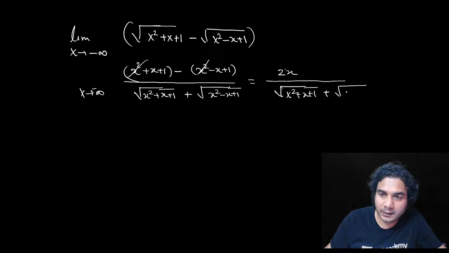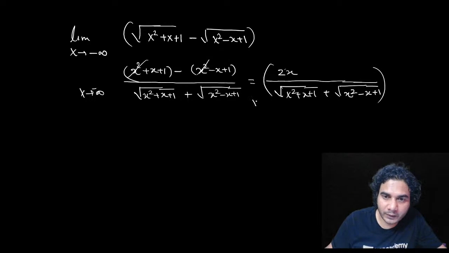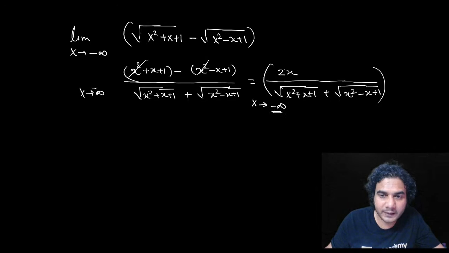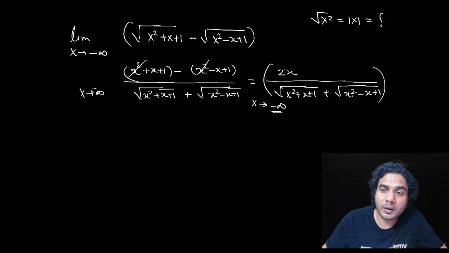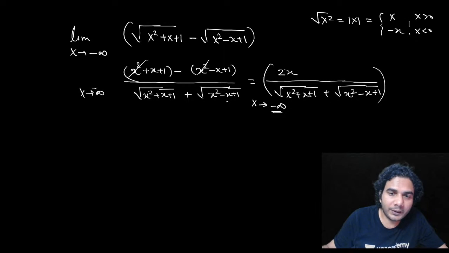In the previous question it was all right, but in this one, not x but mod of x will come. In the previous one also mod of x will come, but x was positive, so mod of x is equal to plus x if x is positive. But in this case, x is negative, it is approaching minus infinity. So under root of x square is basically mod of x, and mod of x is plus x when x is positive and minus x when x is negative. So that is the error you have made.